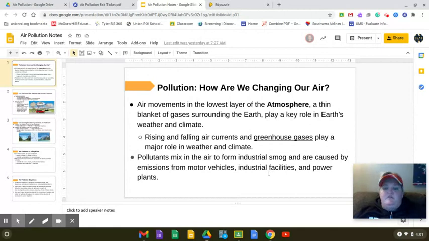It's caused by motor vehicles, industrial facilities, factories, and power plants, places we get our energy from, like Ameren and Laclede. They're needed, but they give off this pollution.